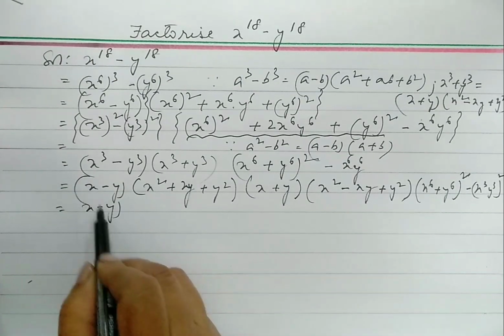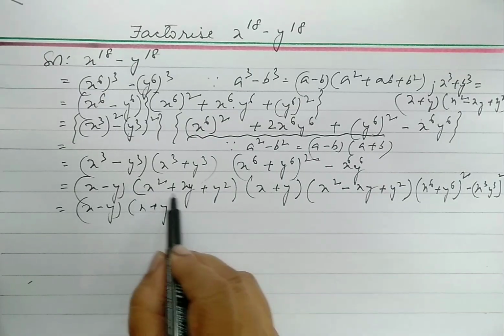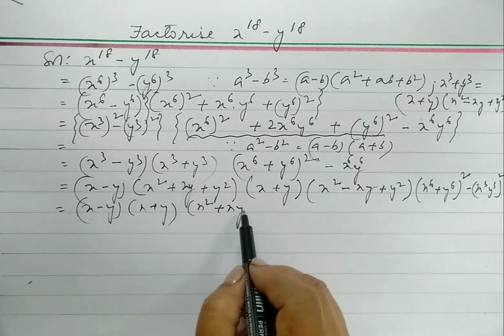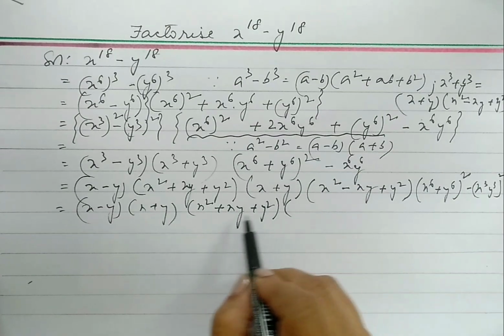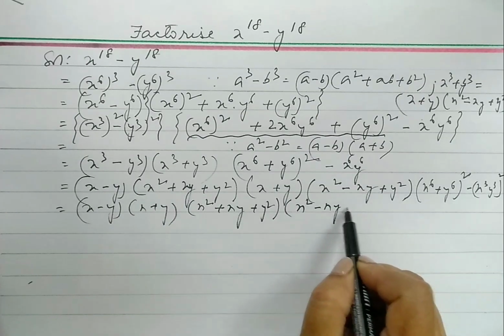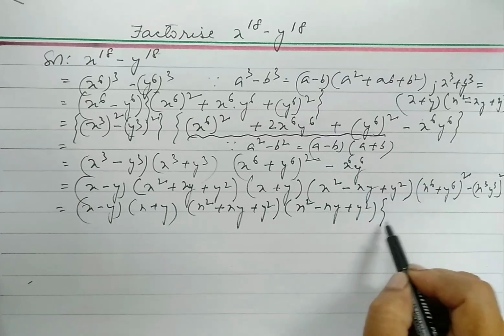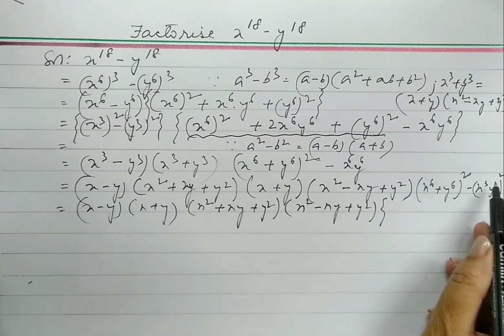So x minus y, x plus y, we have x square plus xy plus y square, and this one with plus, one with minus, x square minus xy plus y square. And now for this we have this square and this square, which means this is our a and this is our b.